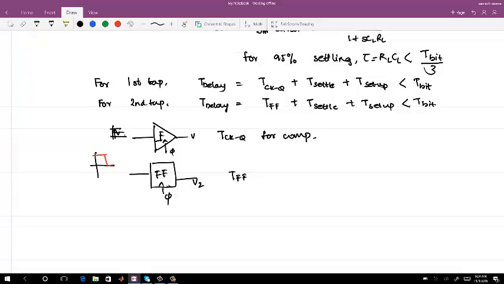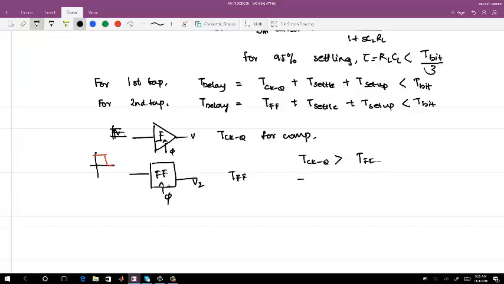Now, which do you think will be larger? Comparator one, right? So T clock to Q is, in most of the cases, unless the flip-flop design is too bad, larger than T flip-flop. And if this is the case, closing which loop is difficult? The first one.